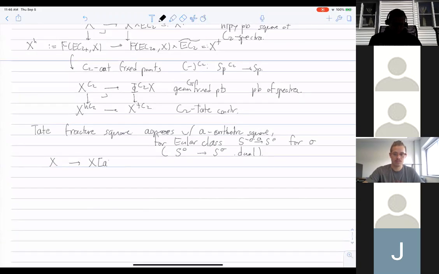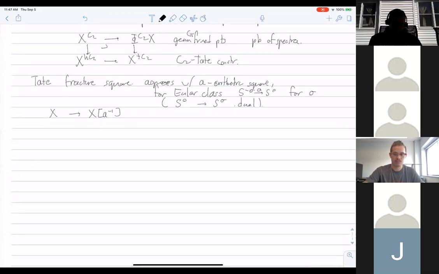So I can invert A on a C2 spectrum X. I can perform that operation at the level of spectra. I can also complete with respect to A. And I can complete and then invert. So think about, for instance, the arithmetic square with respect to P completion and P inversion is analogous to this.